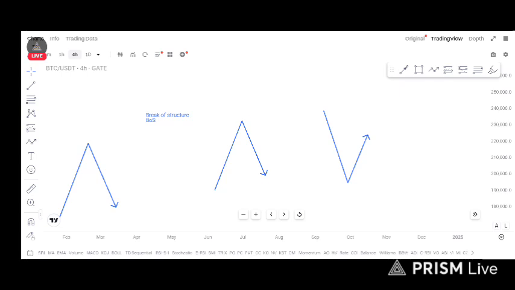Now, looking at this, we know that market has created a high here at this point. Okay, market has created this high.